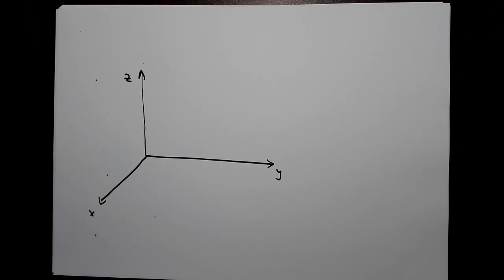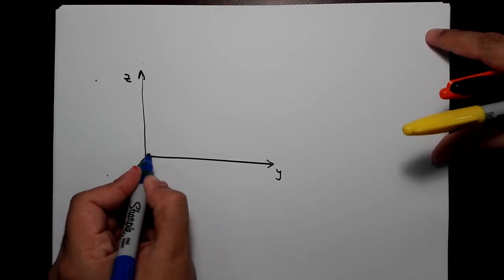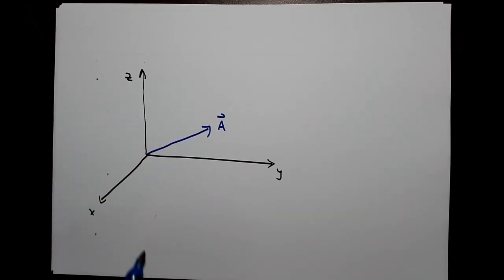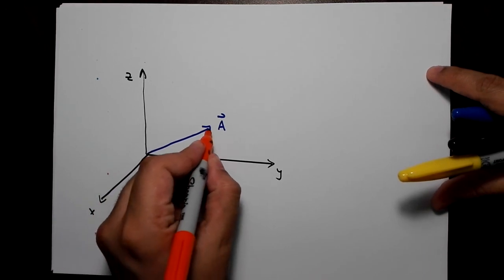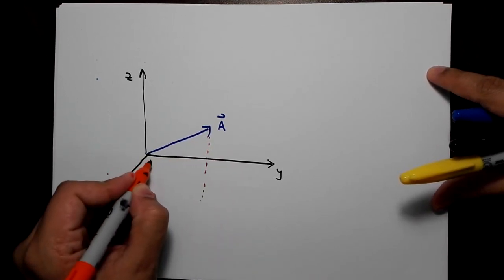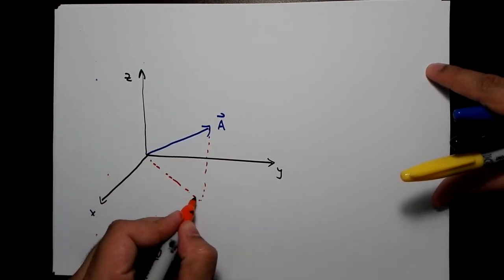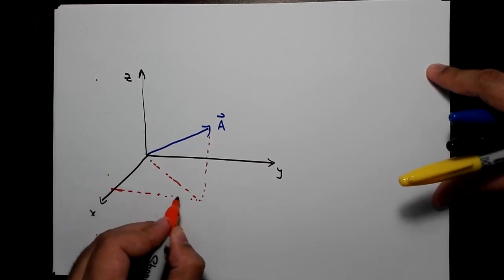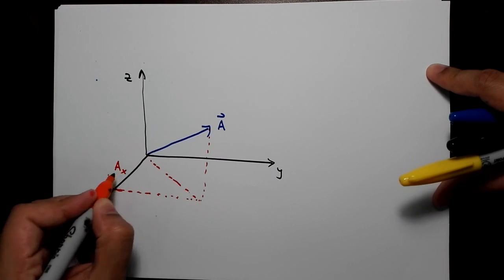So let's say that here is your vector A, right? Now the projection of A on the xy plane, let's say this, right? And the projection of this projection on the x-axis is this. So this is your AX component.